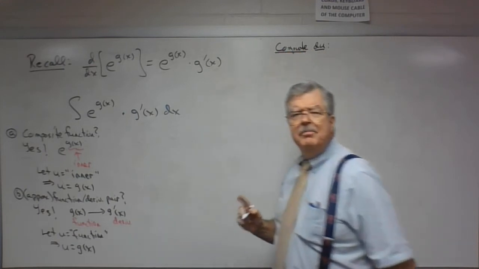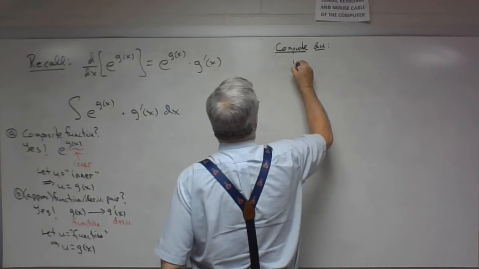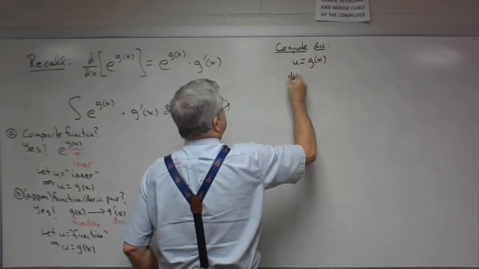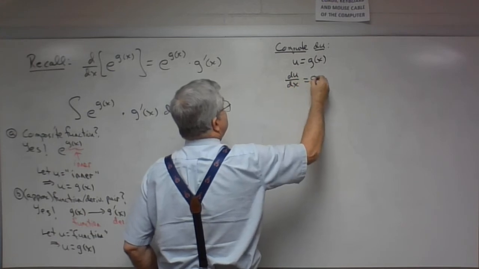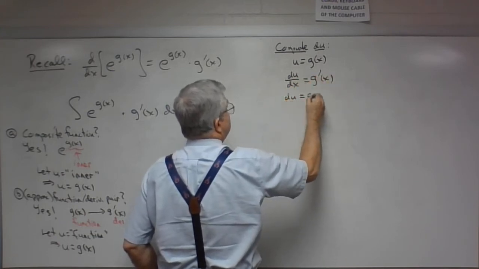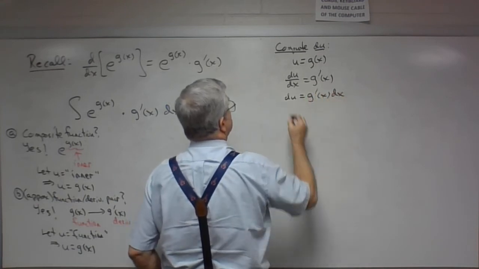The next step in the process is to compute du. u equals g of x. du dx is g prime of x. And that means du is g prime of x dx.